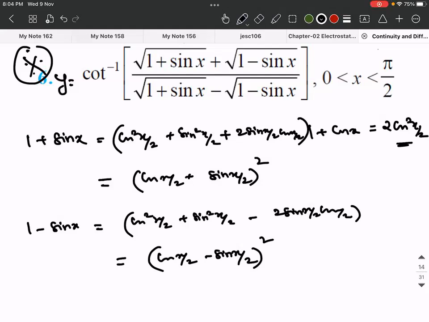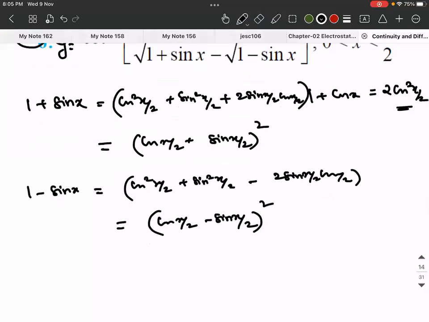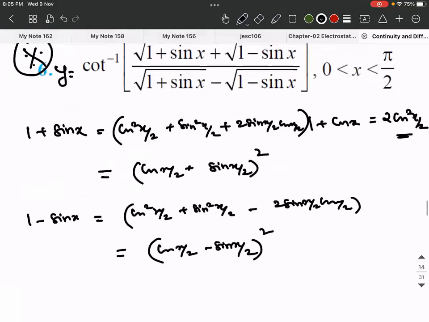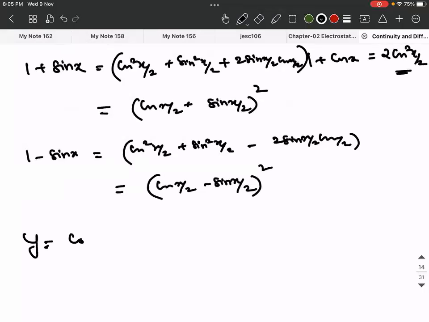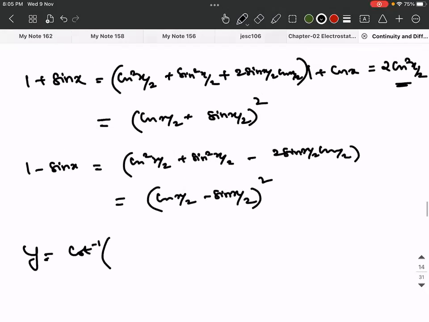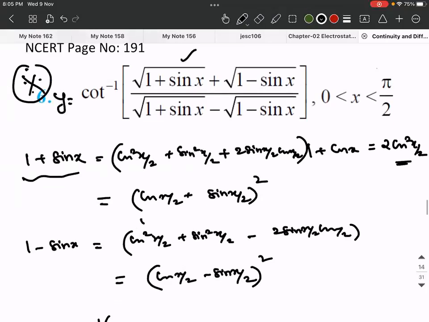Sir, is the answer 1 by 2? It should be. Answer is half. You would have got cot inverse of cot pi by 4. I think it is minus half. Check it. It should be minus half. Y is equal to cot inverse of, listen, root of 1 plus sin x is this value, right?